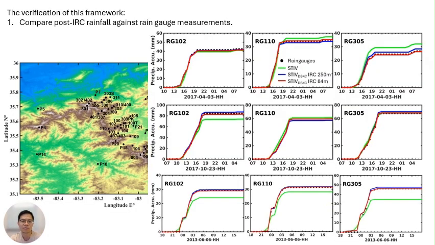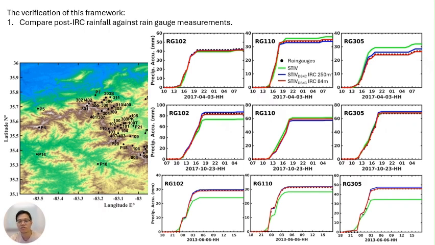Now we're actually comparing the precipitation values against rain gauge networks. Here I'm just showing a partial map of the rain gauge network in the southern Appalachian Mountains, and we're comparing basically the original CH4 and the IRC products. The IRC is fundamentally scale independent because it's based on water budget closure.